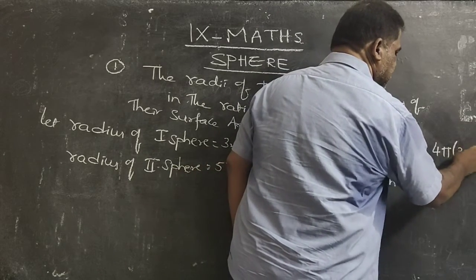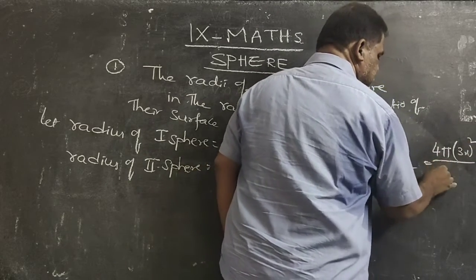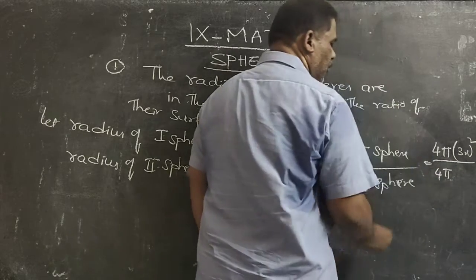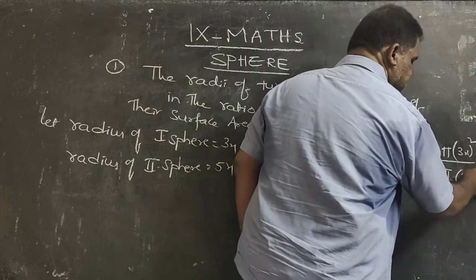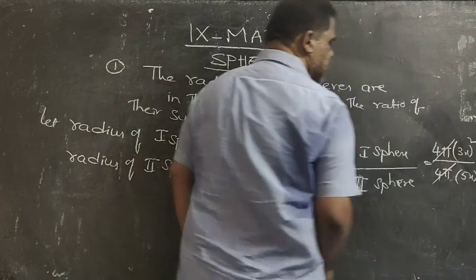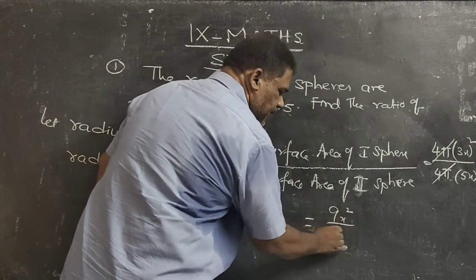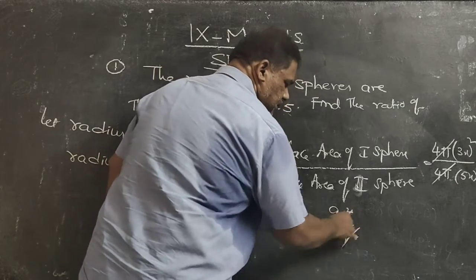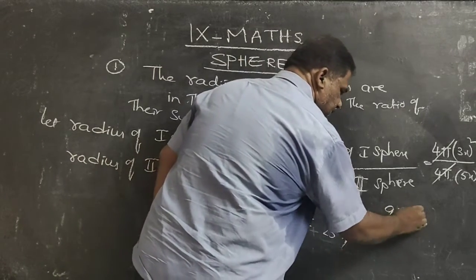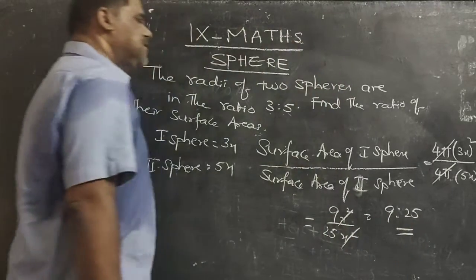Here radius is 3x. Surface area of the second sphere is 4 pi r square, radius is 5x. We can cancel 4 pi, so we will get 9x square by 25x square. So the ratio of their surface areas is 9:25.